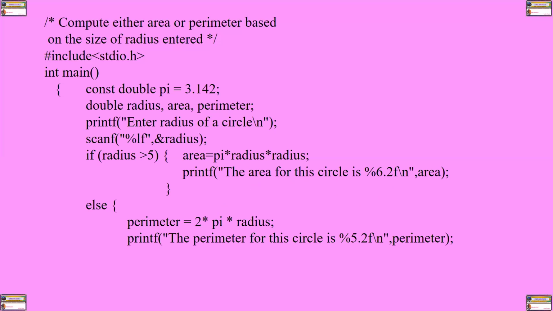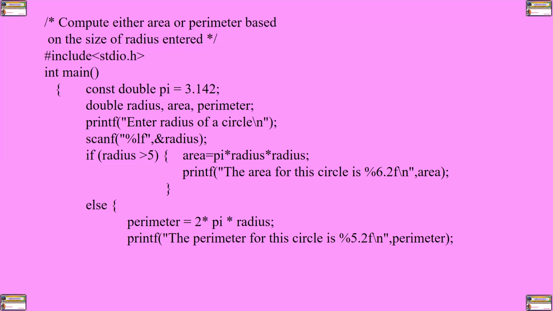The perimeter for this circle is, then pick the content in memory location called perimeter and display that value at this point where you have the type identifier for the data type double. And display that value on the screen, formatting to a maximum of 5 numbers, with 2 being reserved for the fractional part on decimal points.